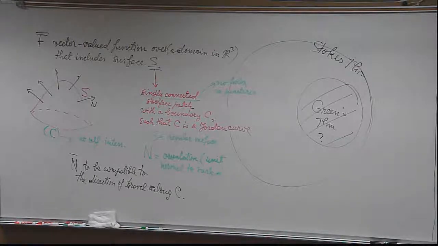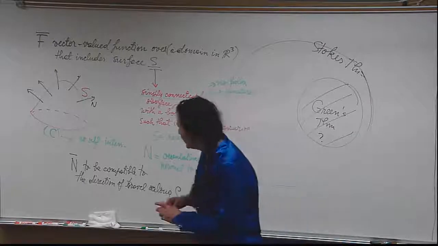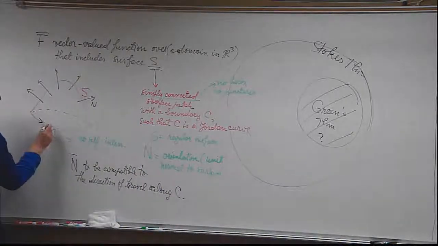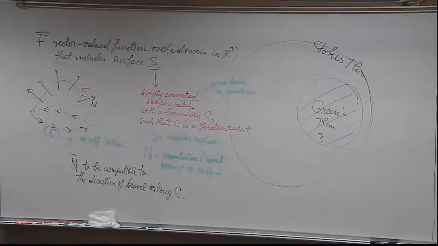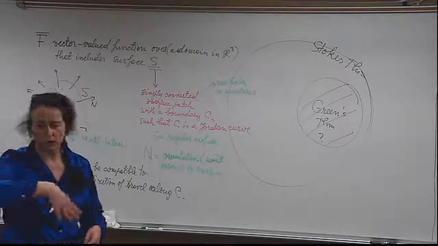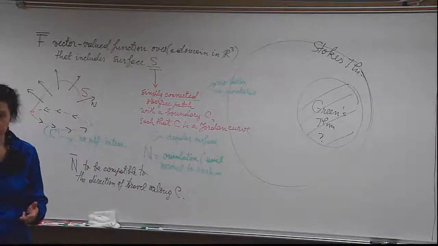So let's go around. And so what does it mean that I am compatible with the orientation? Think of the right-hand rule, or forget about the right-hand rule. I hate that word. Let's think faucet.